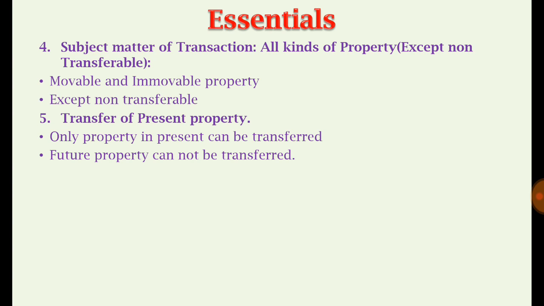The words 'present or future' used in section 5 are connected with when the transaction shall take effect, when the right shall go to the transferee, whether immediately or in the future. But it does not mean that future properties can be transferred as per section 5 of the Act.